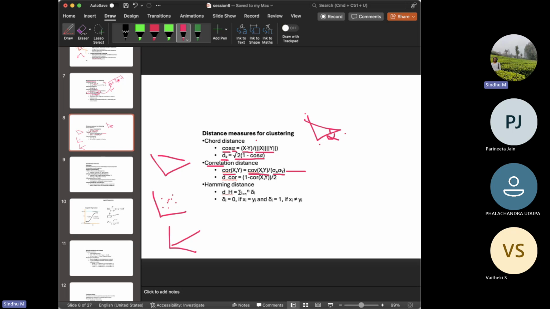So this is the problem with correlation, that it goes from -1 to 1. But for distance, it would be better to have a metric which is from 0 to 1, so that it will be easier to compare. That is why, once we find the correlation, we substitute it into this formula. Then it will be in the range of 0 to 1.